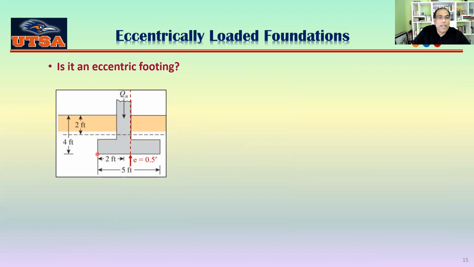So from here to here is 2.5 feet. But you can see the load is actually working 2 feet from here. So the distance from here to here, that's actually your E, which is basically 0.5 feet. Okay, so basically this is an eccentric footing, right?